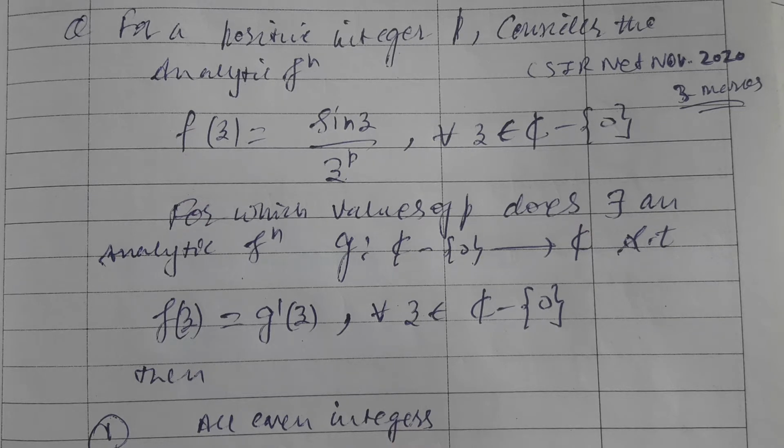If one option is going to be false, then any other option related to it is also going to be false. These are the tricks we should apply while attempting the Part B section.